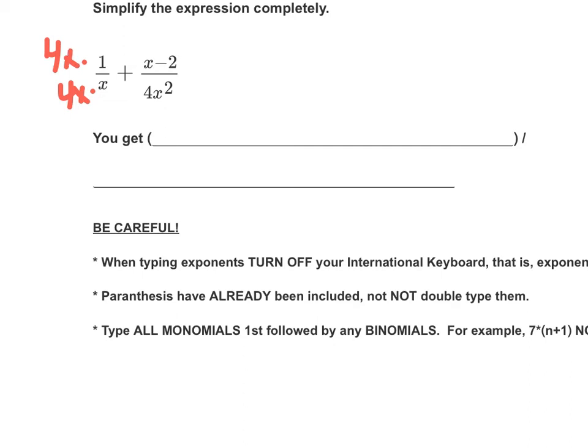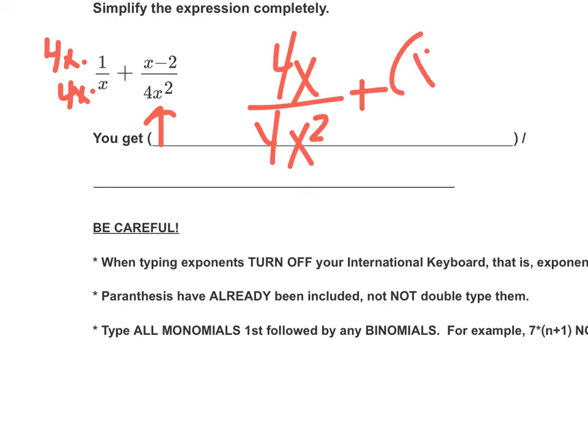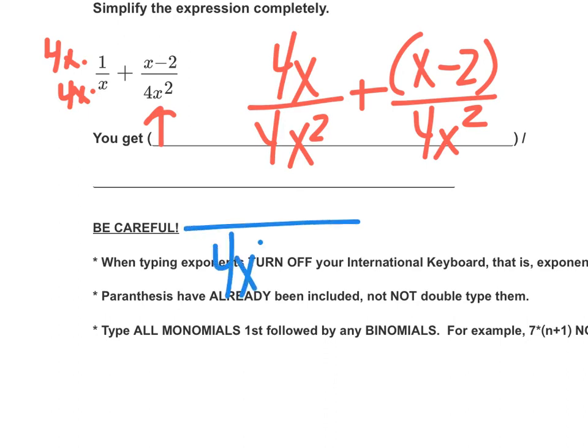So when you rewrite this, what you're going to get is 4x times 1 is just 4x over 4x squared. And then we have this component here still, plus, I'm going to put this in parentheses, the x minus 2, because it's a group, over 4x squared. The nice thing about this is the denominators are the same, so when I rewrite it, I can actually start that already. So it's going to be something over 4x squared.